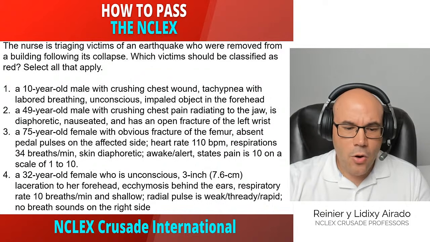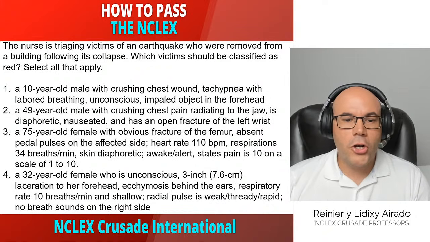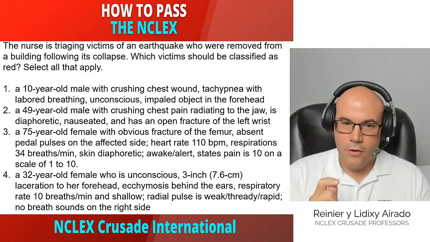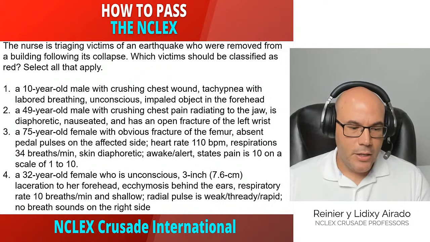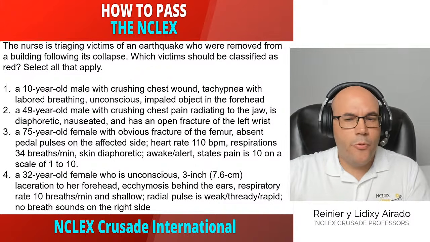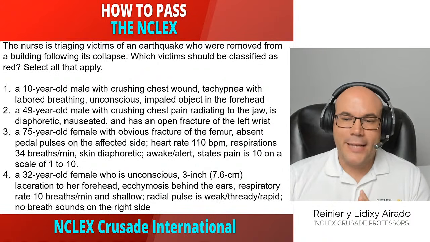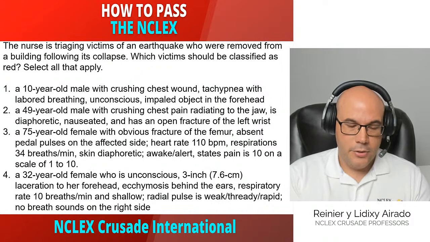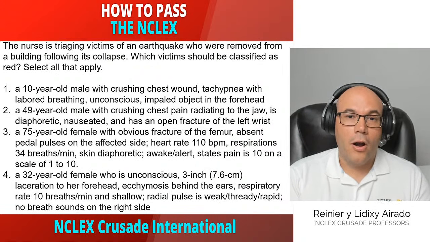Now, in order to answer this question, you have to understand the tagging system for victims in a mass casualty event. So I'm going to briefly go over that. We have 4 tags. 1 is red, 2, yellow, 3, green, 4, black.